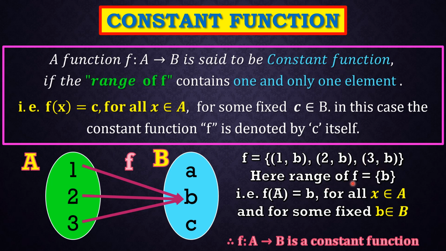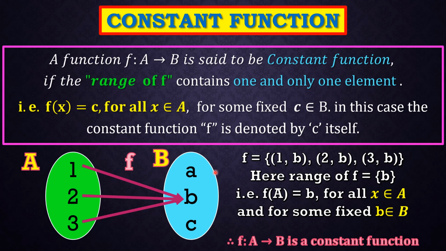Here we observe the range of f. The range of f is always a subset of the codomain set. The range of f is a singleton set, equal to {b}. So here we observe f of x equals b for all elements x belonging to A, and for some fixed element b belonging to B. Therefore, this function is a constant function.